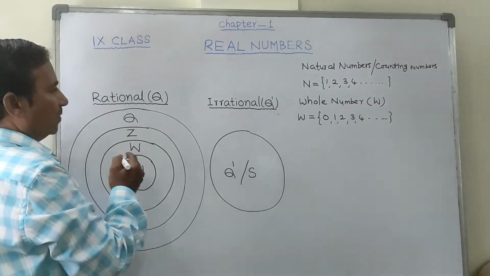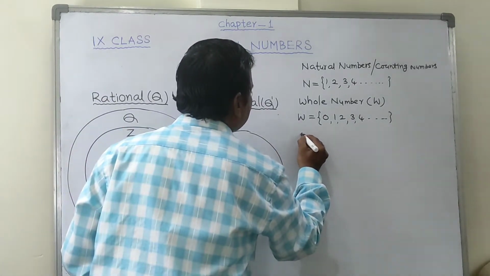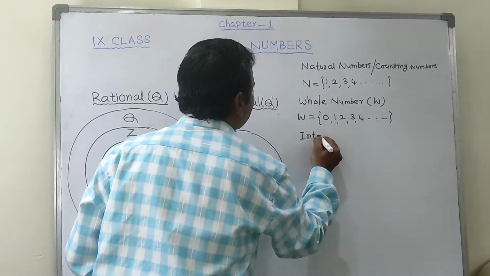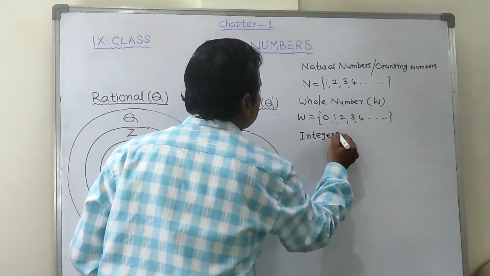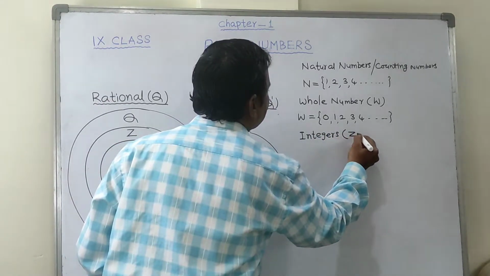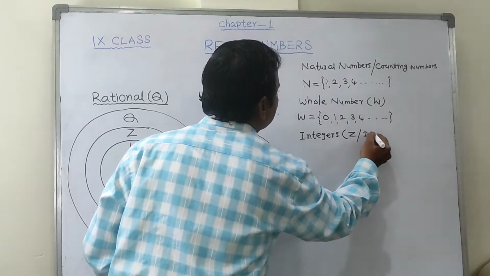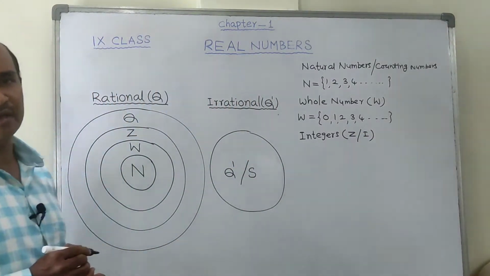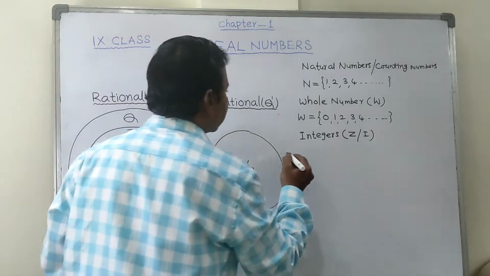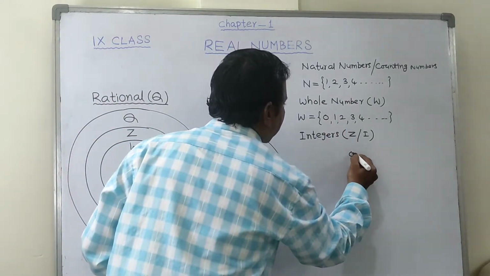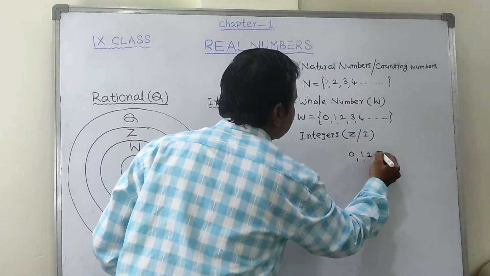Next, Z. Z stands for integers. Integers are denoted with Z, or you can say with I also. How will this be? You take the whole numbers.